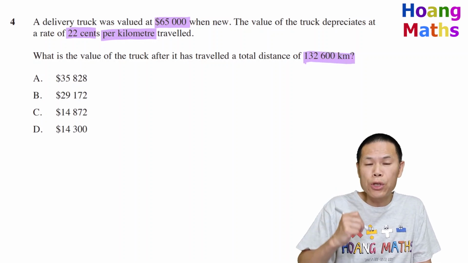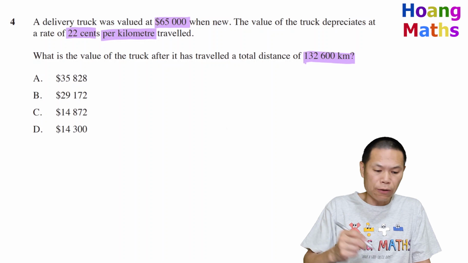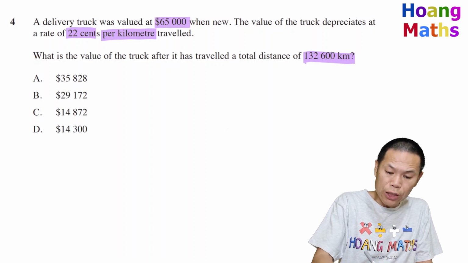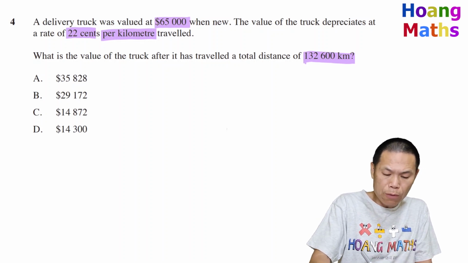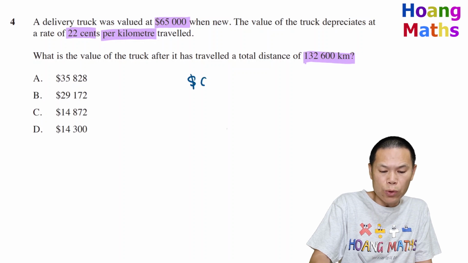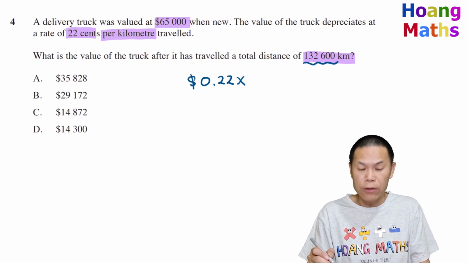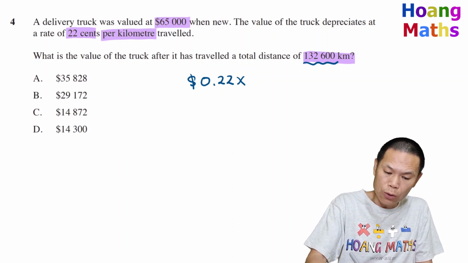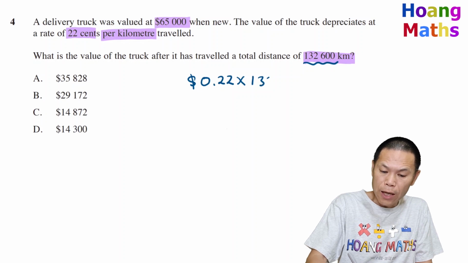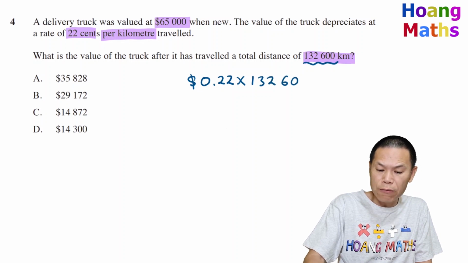So first of all, we need to work out the depreciation first. The depreciation is 22 cents every kilometer. So therefore, it has already traveled 132,600 kilometers. So we just times that. That is the depreciated value.